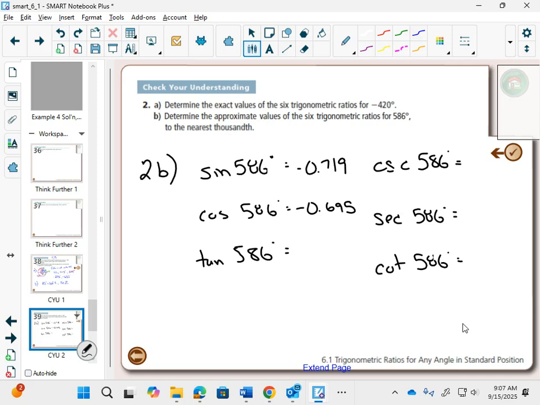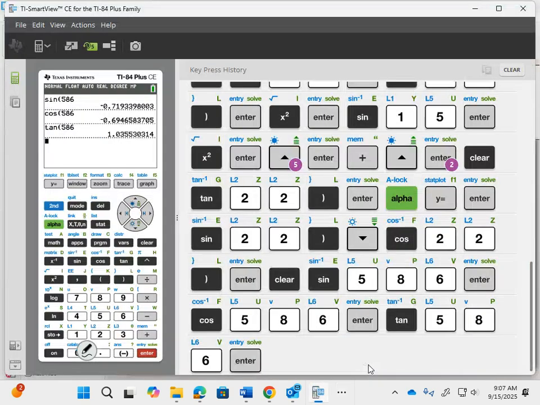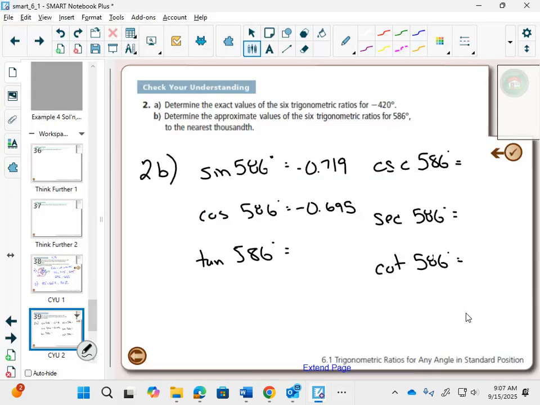And tangent was 1.036. If my x-coordinate is negative and my y-coordinate is negative, does it make sense that you can just look at these answers and you can tell that 586 degrees has to be in quadrant 3? Just by those answers.